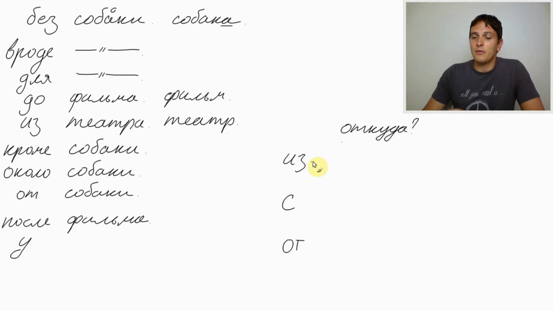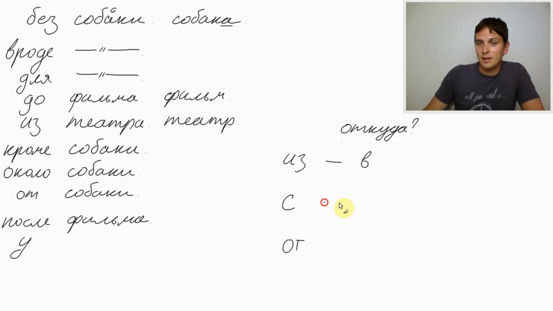So with из, we are using в. If we would say из дома в театр, from home to the theater, в means to. So from, to. Из is used usually with в.